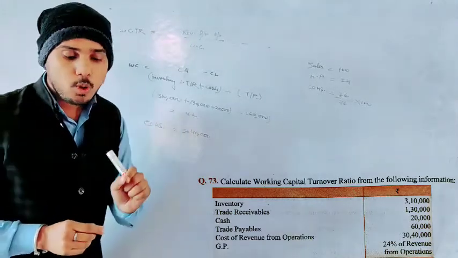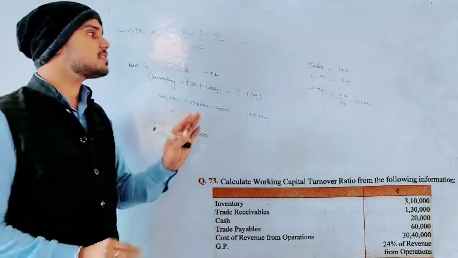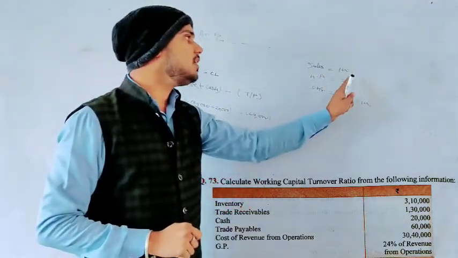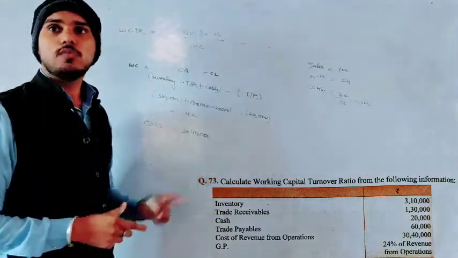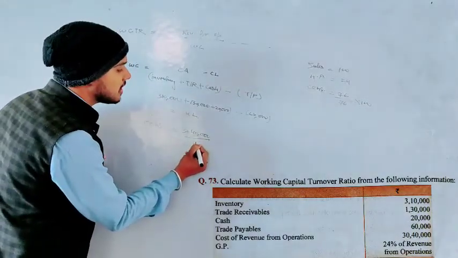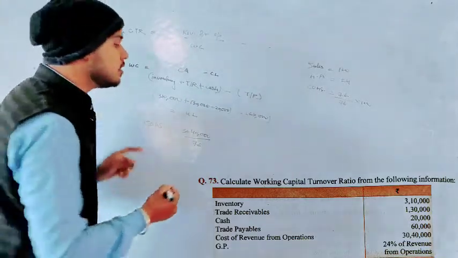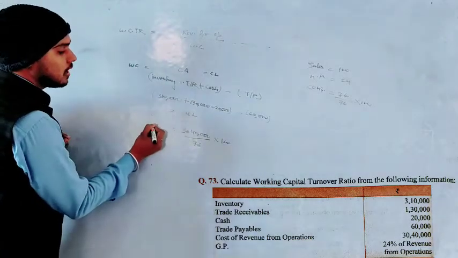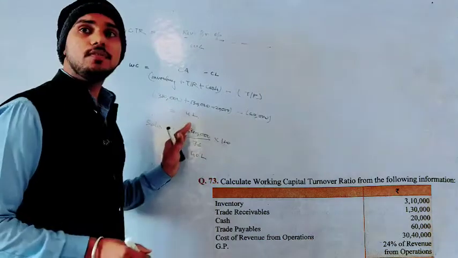And if gross profit is 24% of sale, in a way we can say that if sale is 100, gross profit will be 24, and then cost will be 100 minus 24, that is 76, and this is our cost. So we can say that in itself this COGS is 76% or not? Yes, that is 76%. So how much will be 100%? That will be our sales, 40 lakh.